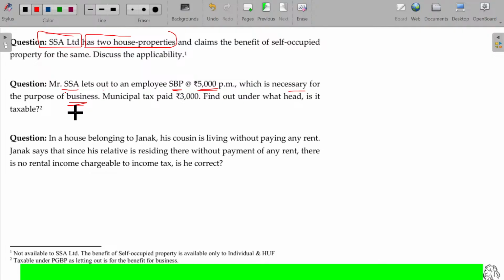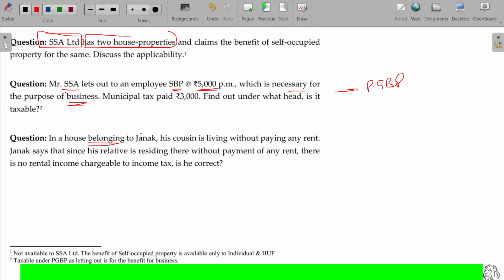In the very first class I told you: TCS wants to have bank facilities within, so they let out a property for the bank. Letting out is not their intention, but facilitating their employees is. Quarters let out to employees also facilitate their business. In that case, this will be part of PGBP income.